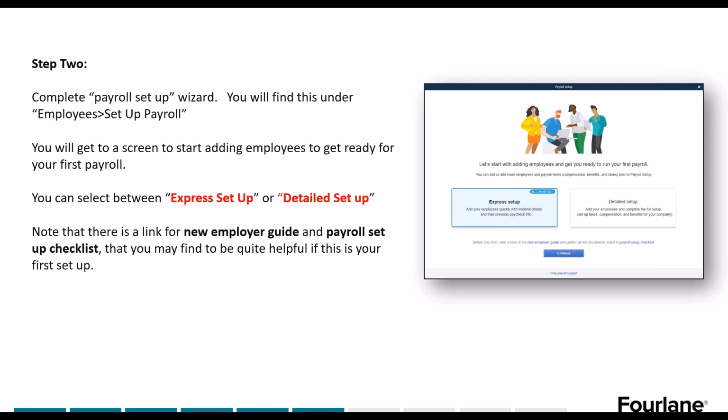The first screen that you're going to get to is to start adding employees, okay? You will notice that there is an option for express setup or detailed setup. For our purposes of today, I'm doing the express setup. The difference is the express is just like it says.